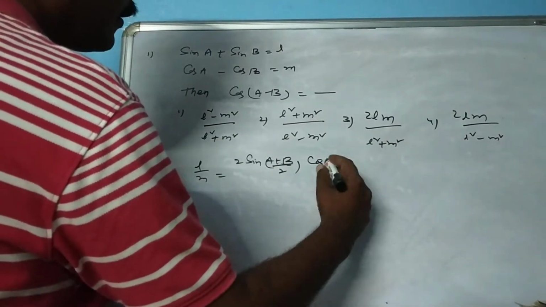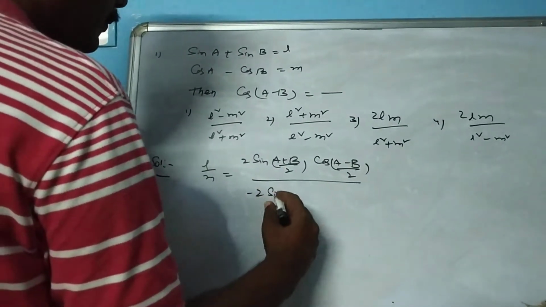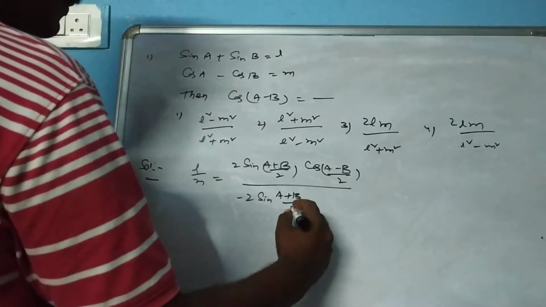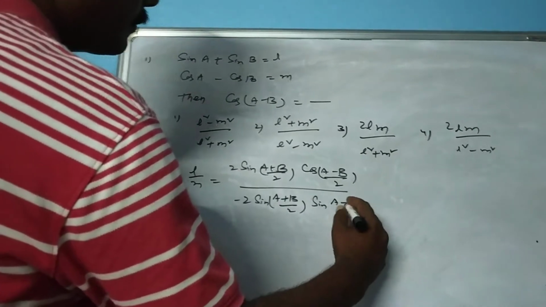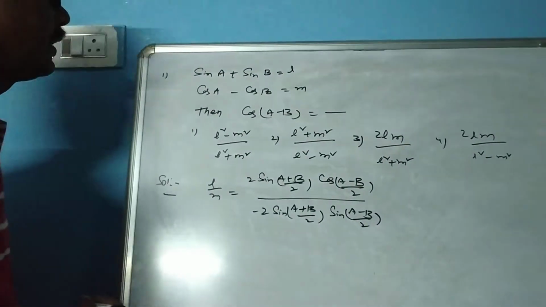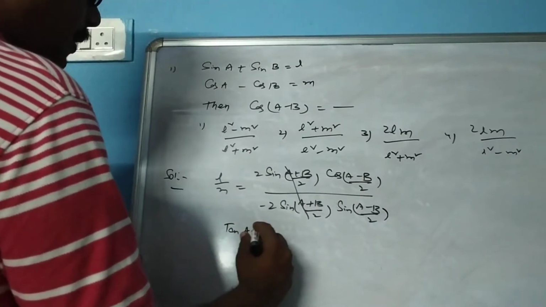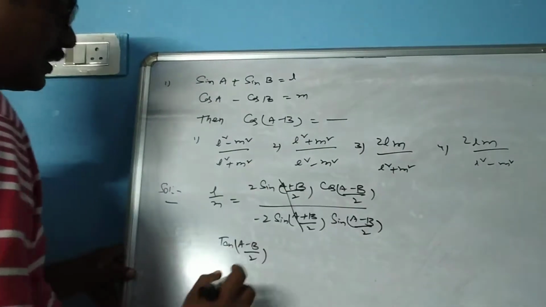Divided by minus 2 sin((A plus B)/2) times sin((A minus B)/2). You see, (A minus B)/2, this is changing like this.